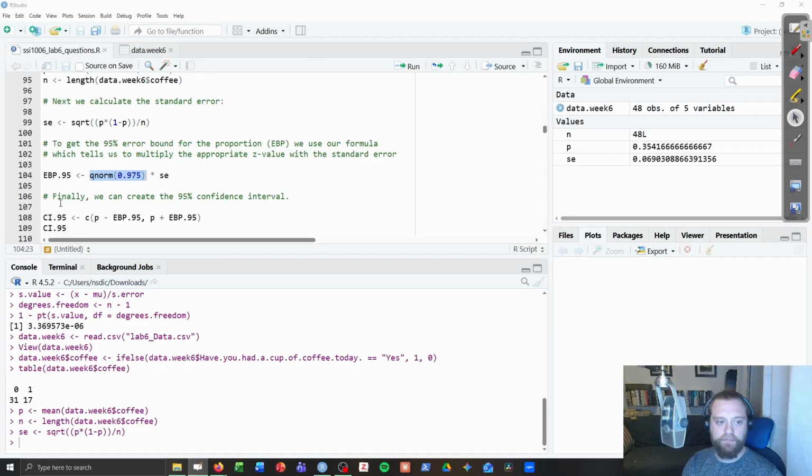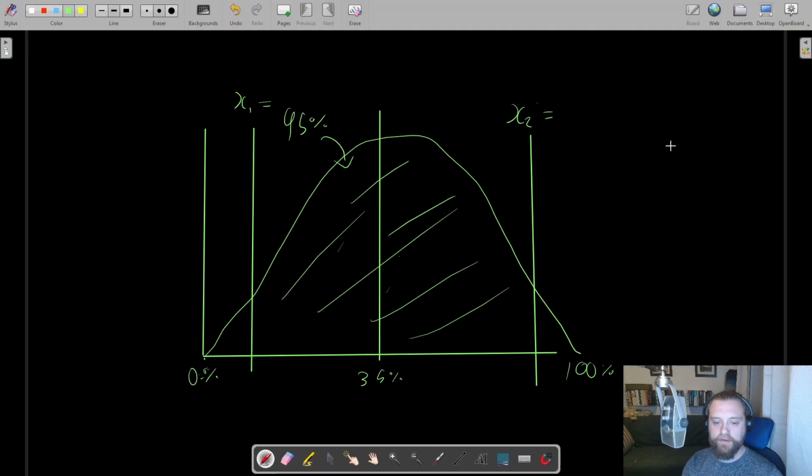Well, what we do is we calculate the area under the graph actually for 97.5%. Because if we think about this, what we need is this area and this area to each be 2.5% of our distribution.